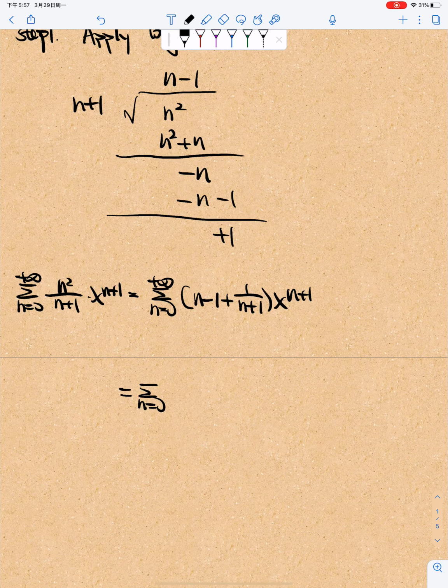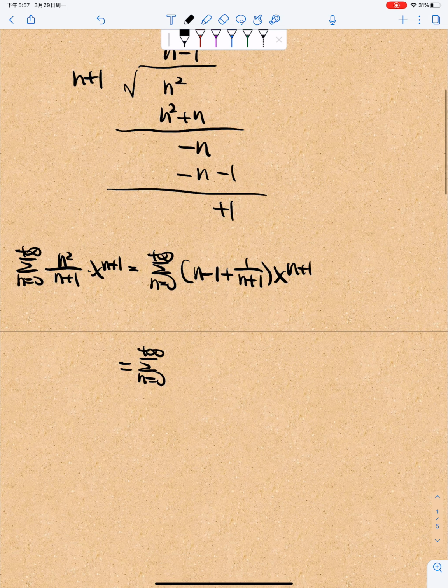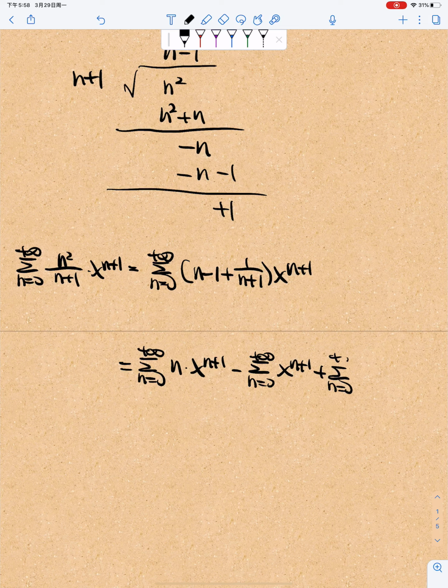So this power series can be separated into the following three parts. The first part is n times x to the n plus 1's power. The second one is sigma x to the n plus 1's power. And the third one is sigma 1 over n plus 1 times x to the n plus 1's power.